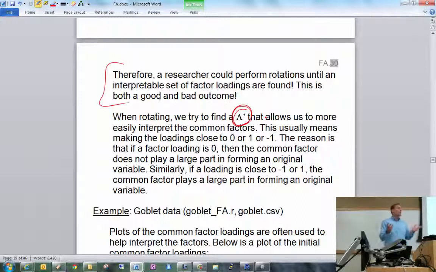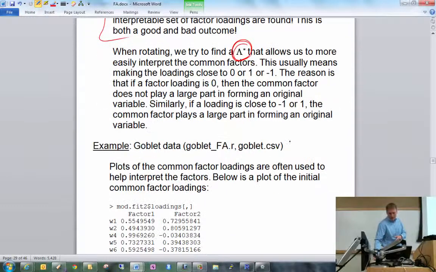And that helped us in our interpretation. We didn't need to include, for example, Z4 to interpret the second common factor. So ideally, we would like to find a lambda star that has lots of zeros, lots of numbers close to 1, lots of numbers close to -1 in it. You'll see how we do that shortly.